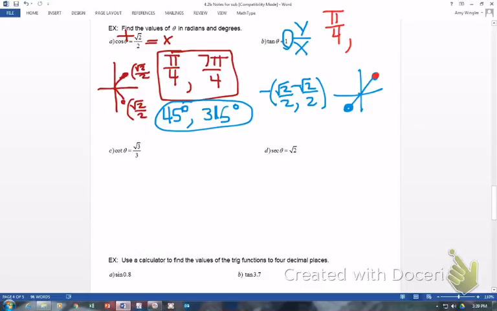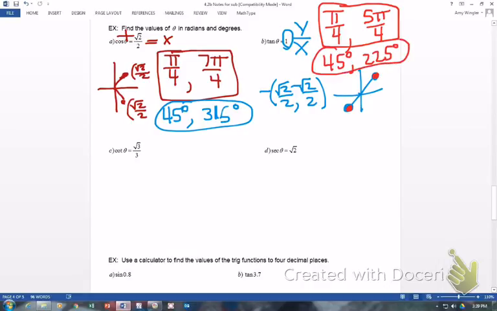Our value for theta right here in quadrant 3 is, let me give you a chance to look at it on your unit circle, 5/4 pi. The degree measures for both of those would be 45 degrees and 225 degrees. Normally you don't have to give me answers in both degrees and radians unless your directions state that.